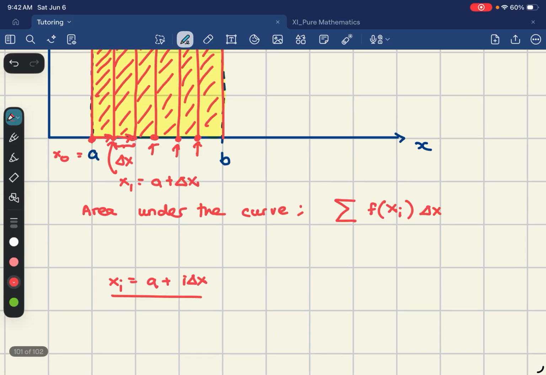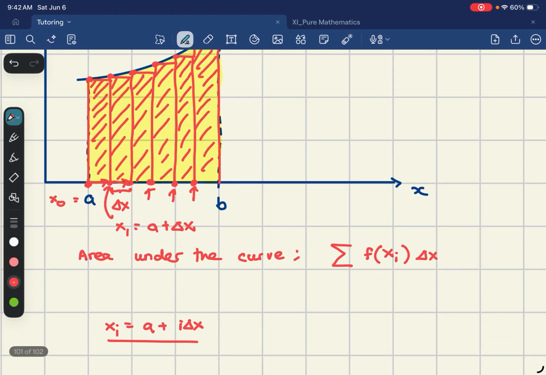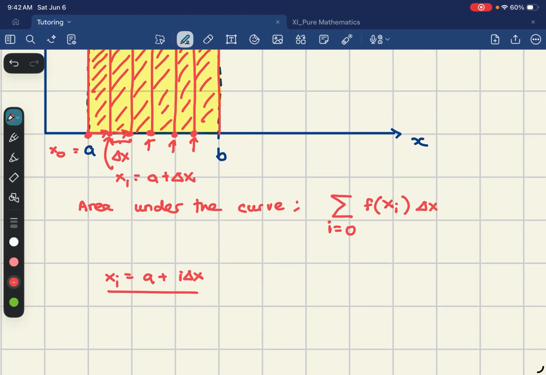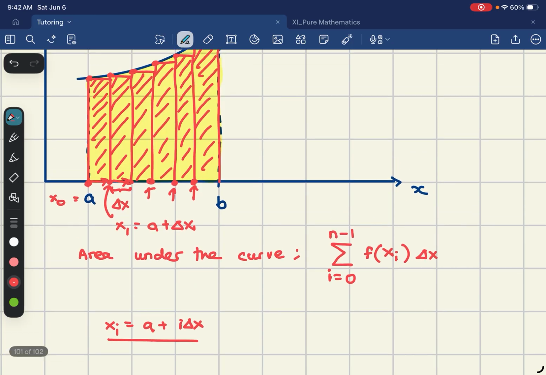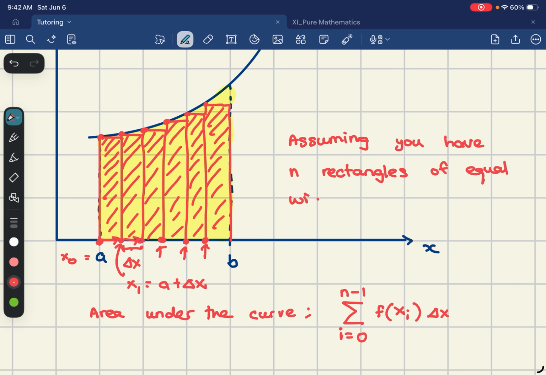And now, since we're finding this area from A to B, you need to go from i equal to 0 up until n minus 1. This is assuming you have n rectangles of equal widths delta x.